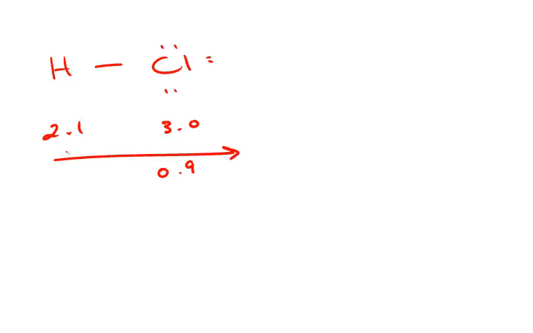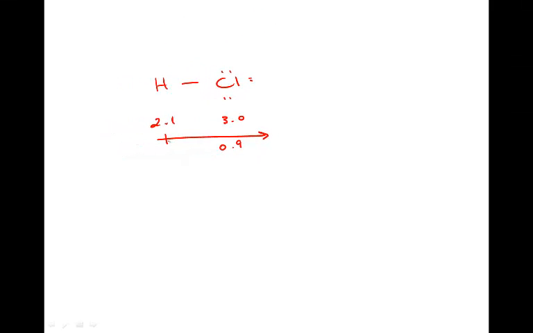If we have hydrogen bonded to chlorine, hydrogen has an electronegativity of 2.1, and chlorine has an electronegativity of 3.0. So we have an electronegativity difference of 0.9 in this direction. That means that HCl is going to be a polar molecule.